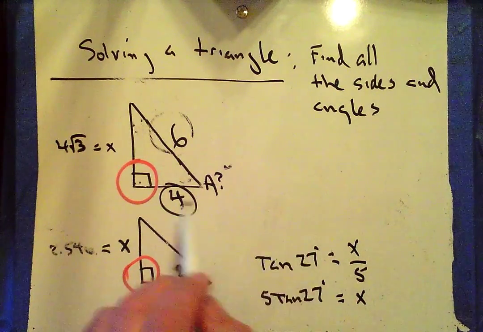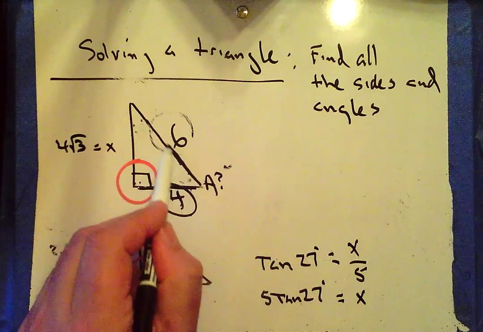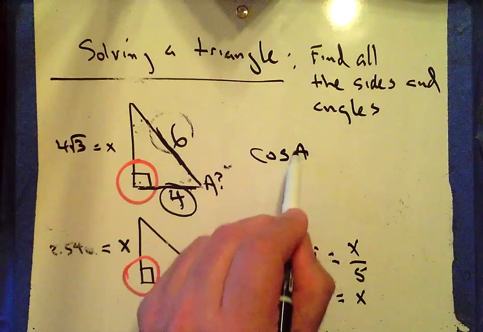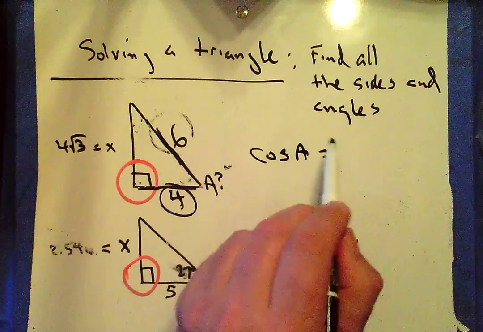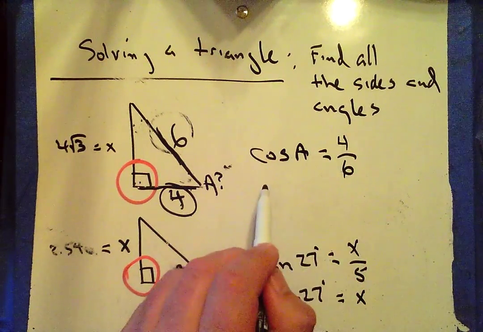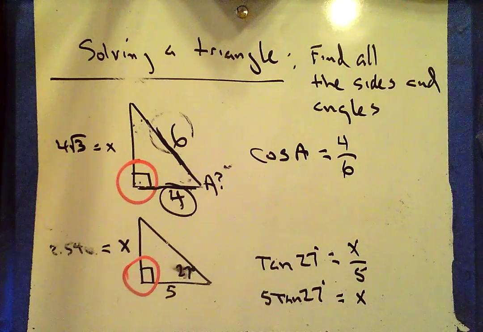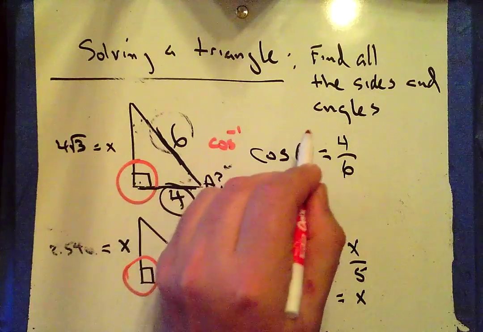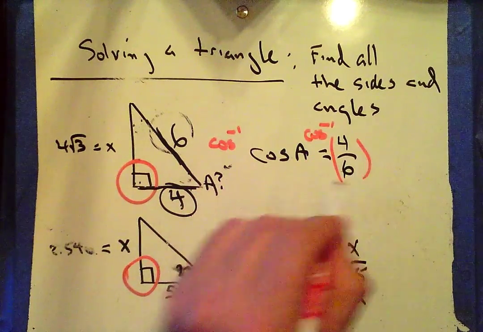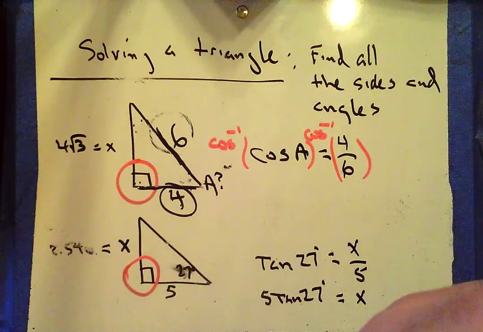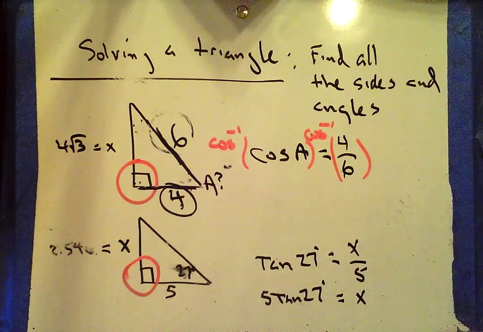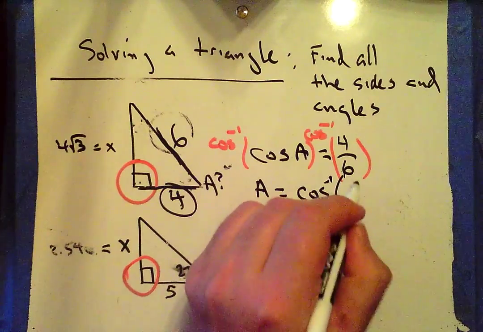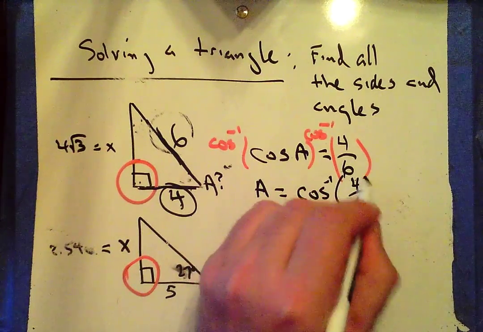And I could say, hey, I have the adjacent side, I have the hypotenuse, and that means that the cosine of angle A is 4/6. And so if I want to know what angle A is, all I have to do is take the inverse cosine of both sides. And that will end up giving me A equals cosine inverse of 4/6.